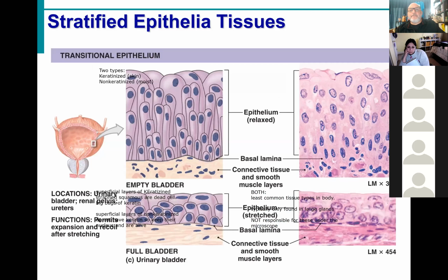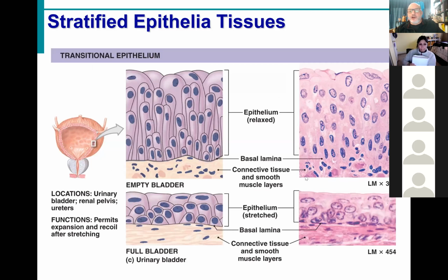So that brings us to our last curveball that they've given us. In this case, the curveball is a tissue type known as transitional epithelium. Transitional epithelium gets its name because the cells can change their shape.